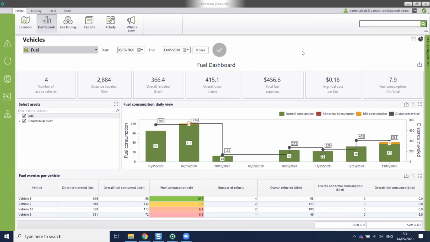So the fuel dashboard is more specific to the fuel consumption. The operational summary report is more intended to view how much time the drivers in the vehicle were actually driving, how much time they spent idling, how much time they spent not driving, and to give a good sense of the utilization of the vehicle.